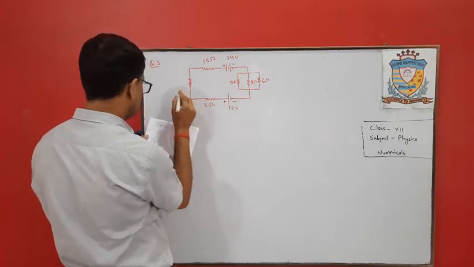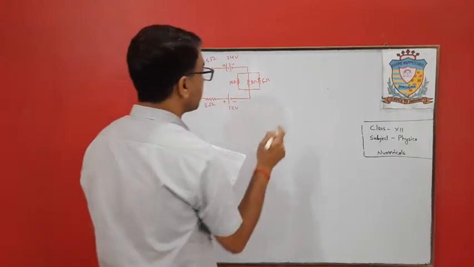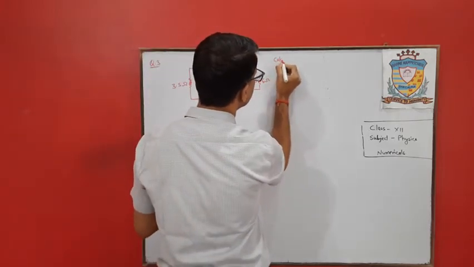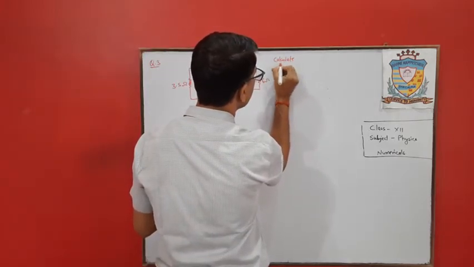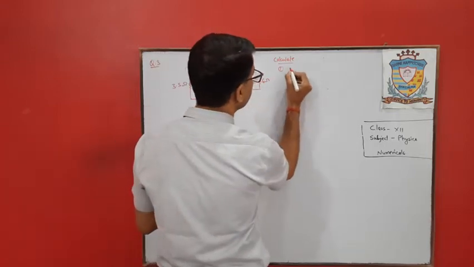Okay, and here it is 3.5 ohm. Calculate in first part the total resistance in the circuit.